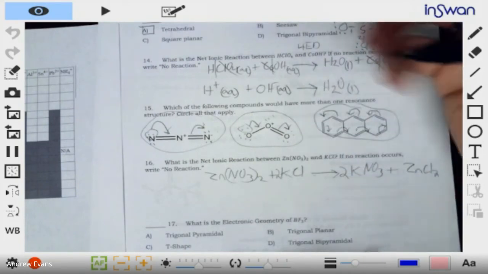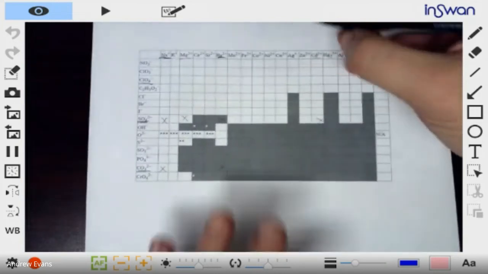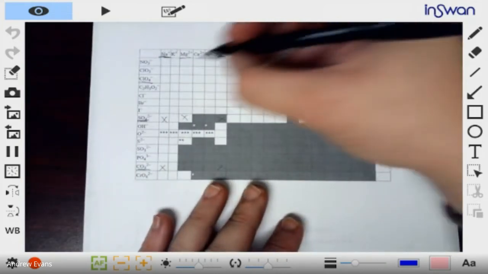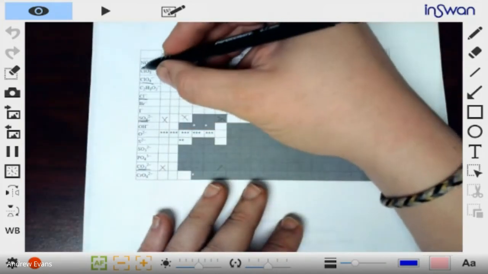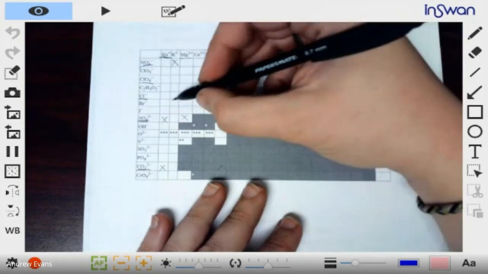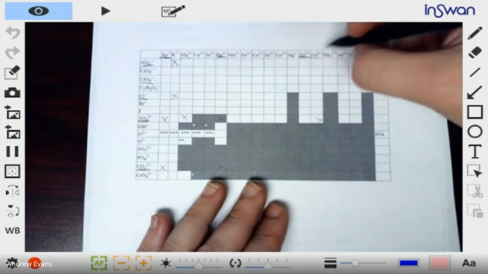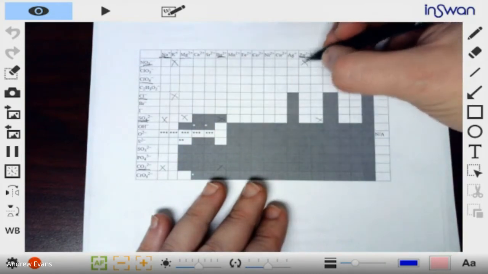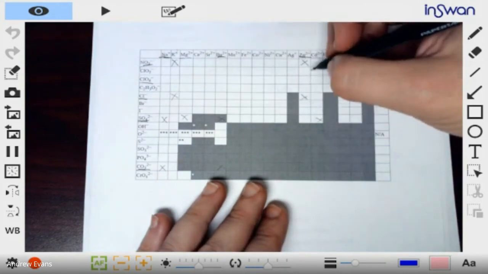Now, going back to our solubility chart, here's our zinc. Here's our chloride. Here's our nitrate. Potassium nitrate, potassium chloride, both soluble. Zinc nitrate, zinc chloride, both soluble.